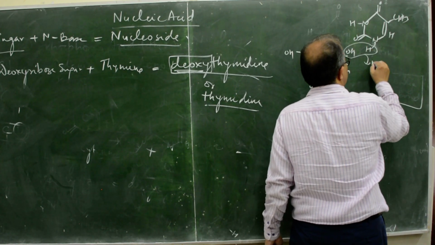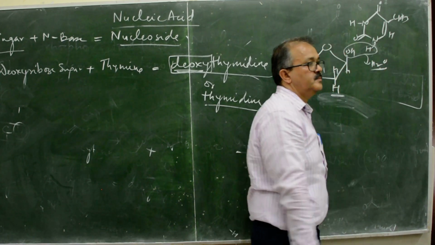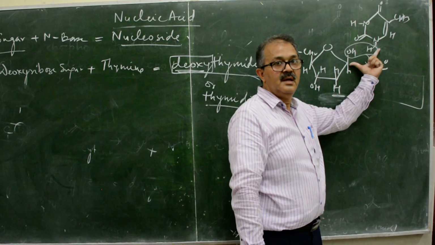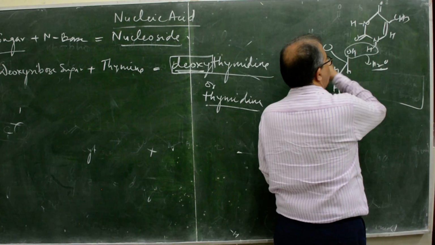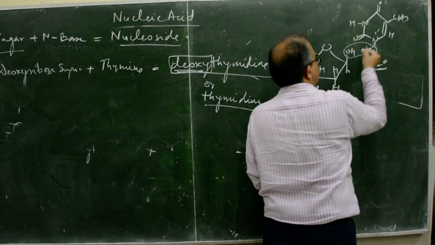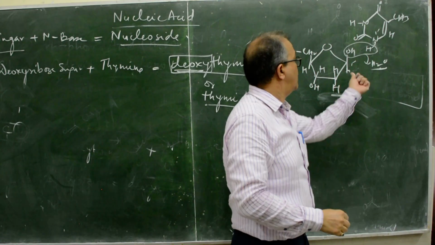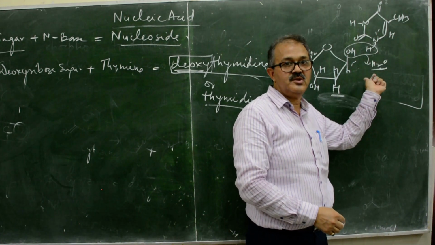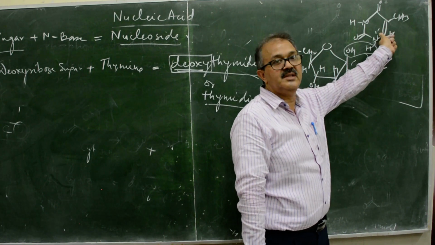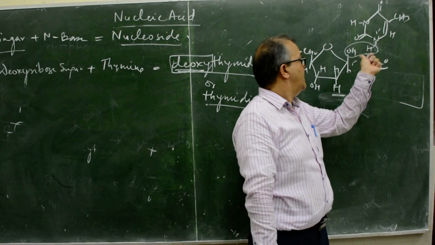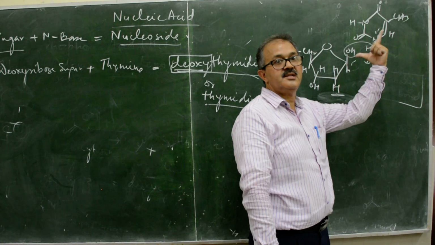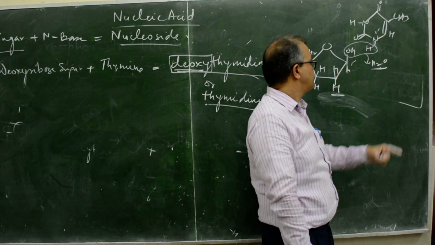This is the glycosidic bond. I have already told you that it is 1 into 1: pyrimidine always interacts through the first position of the nitrogen base with the first carbon position of the sugar. This will form the glycosidic bond.